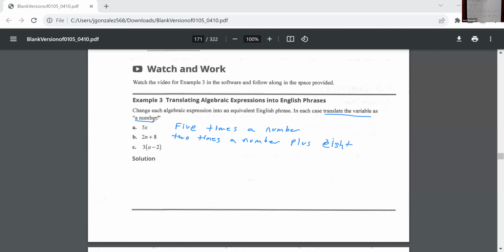Yeah, so we could say, there's many ways to say it. Let's use the word difference this time. Yeah, so it's like a copy and paste.